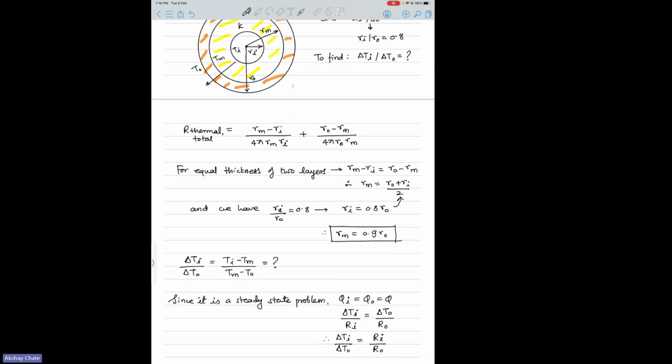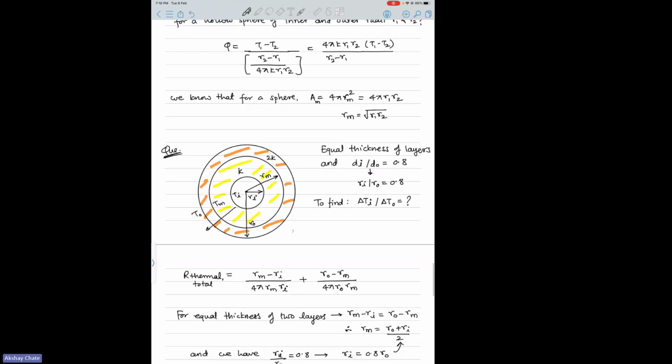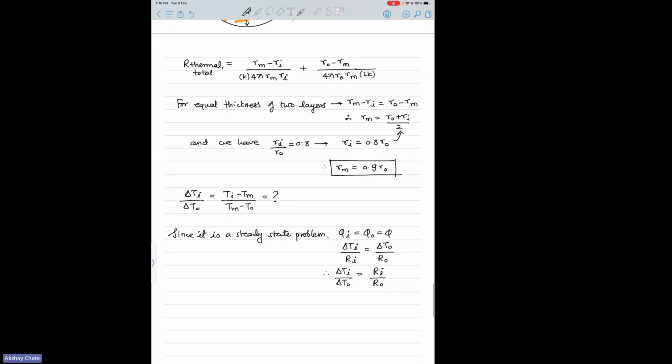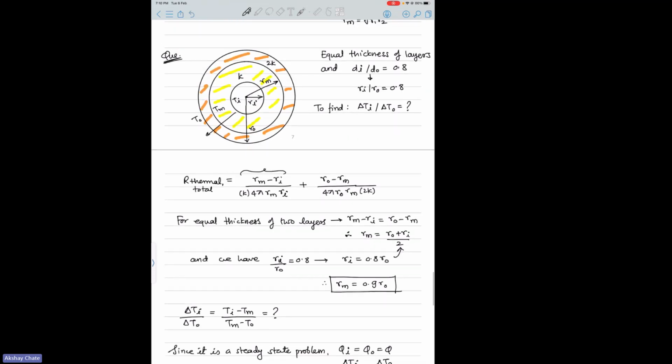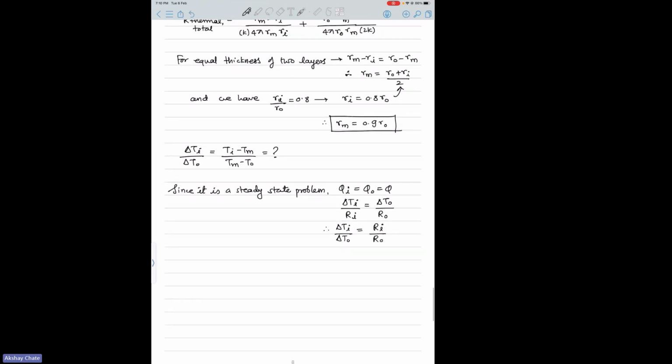I think there should be some K here. Here there will be one K, with 4 pi K, and the outer layer has 2K thermal conductivity, so 2K will be there. So this is your Ri and this is your Ro. Now we put that in the equation.